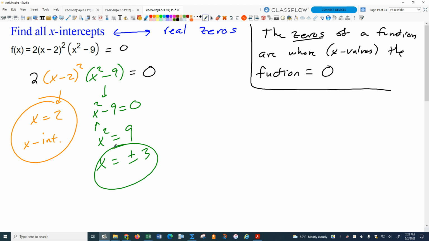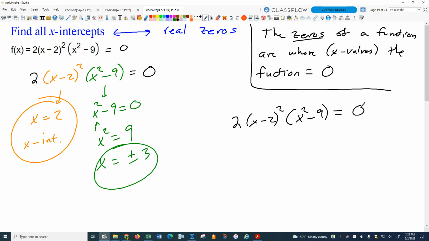Okay, the other option we would have had here, and for you guys especially, I wouldn't do this. It's not necessary, but I could have taken this original function up here, 2 times x minus 2 squared times x squared minus 9. And I could have factored it a little bit more.